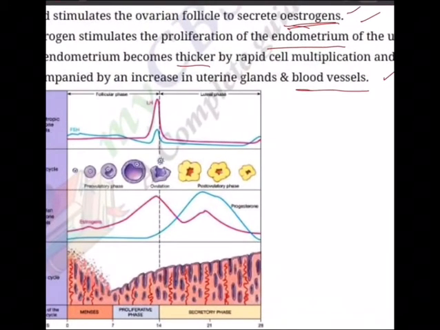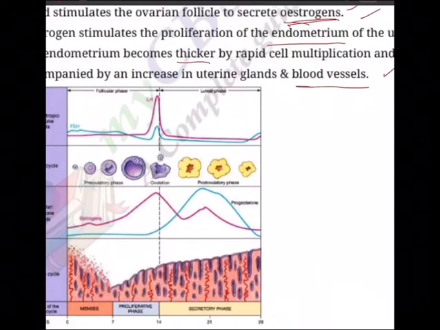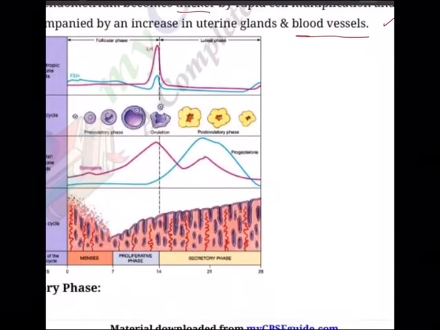Yes, you can see the second phase and the production of hormones also. So the follicular phase, where thickening of endometrium is shown, and then the third one is the ovarian phase.